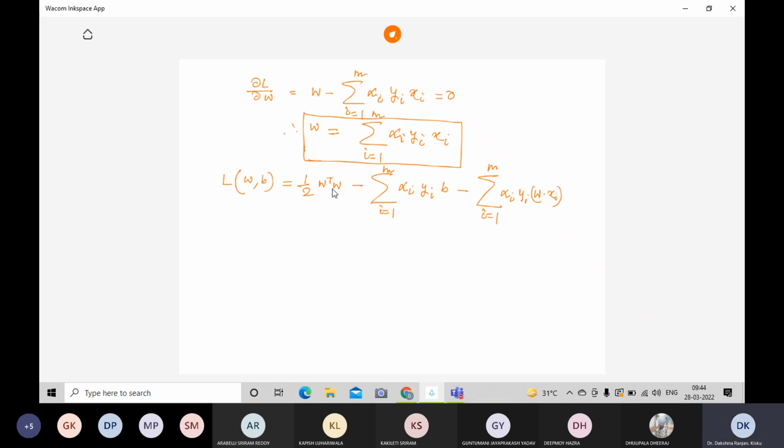Okay. Plus, this is the expanded form of the Lagrangian equation, plus summation over alpha i.